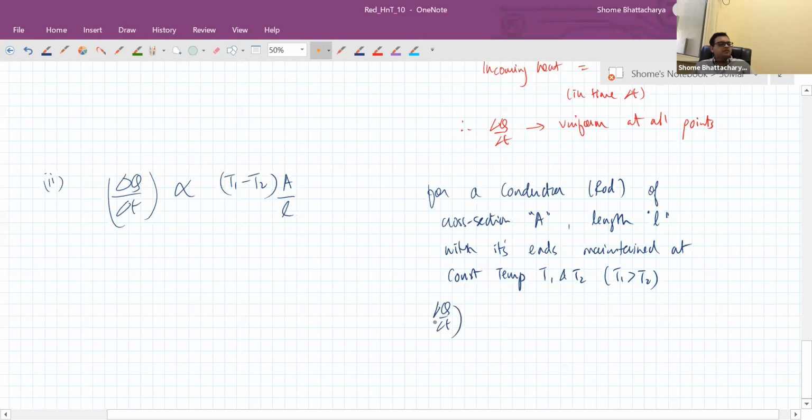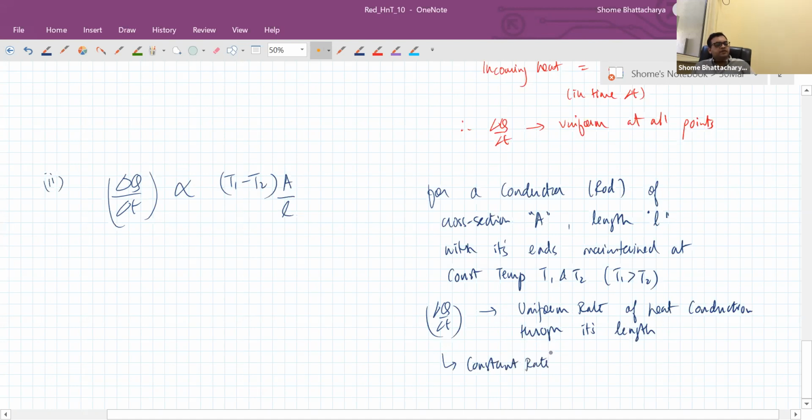delta Q by delta T becomes the uniform rate of heat conduction through its length. And this is a constant rate. It's not only uniform at every point, but it's also a constant rate.